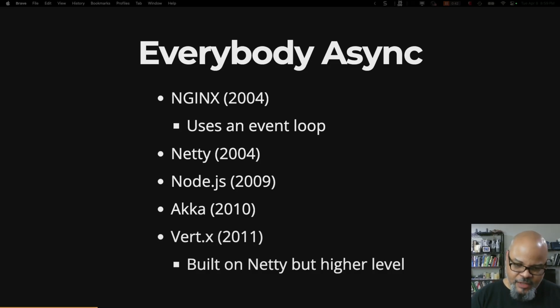And Vert.x came out in 2011, and that actually is a little higher level. It's built on top of Netty, but it has also the ability to build entire services as well. So, throughout the 2000s, we saw the proliferation of web engines that were able to handle things asynchronously.